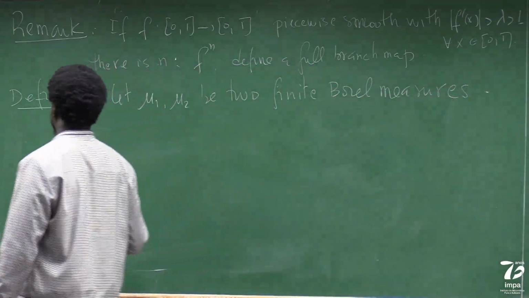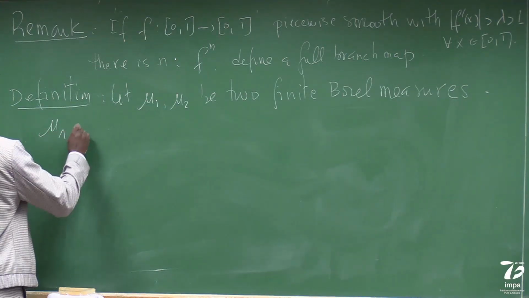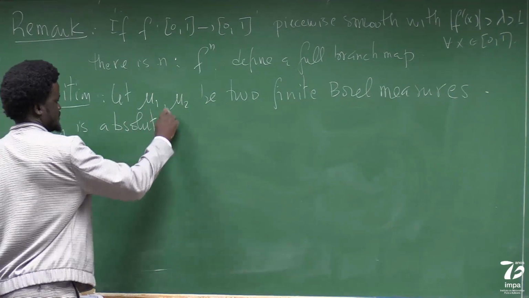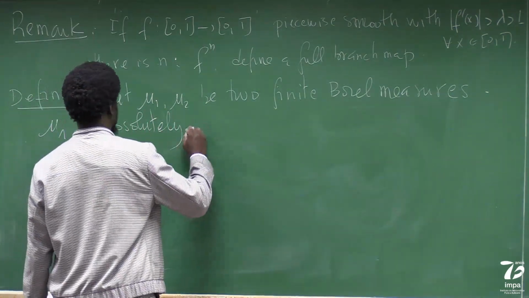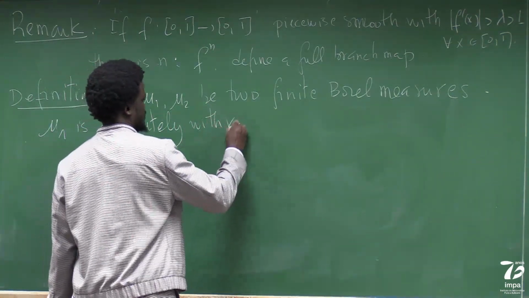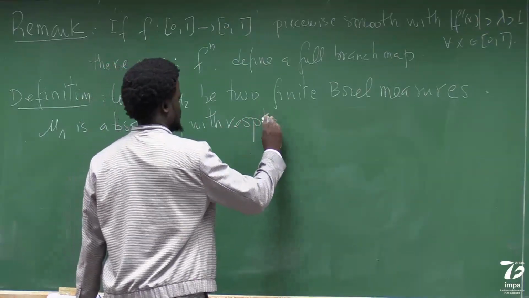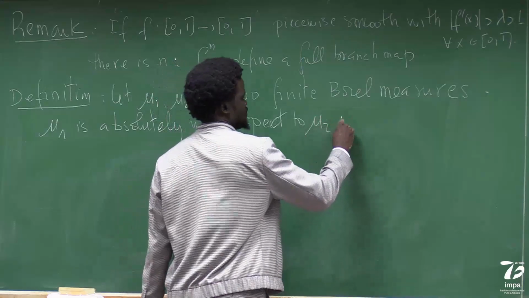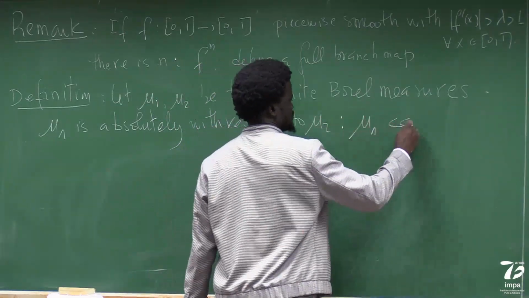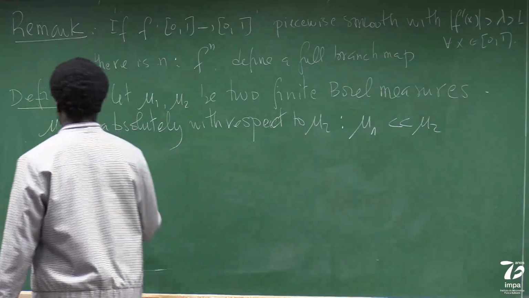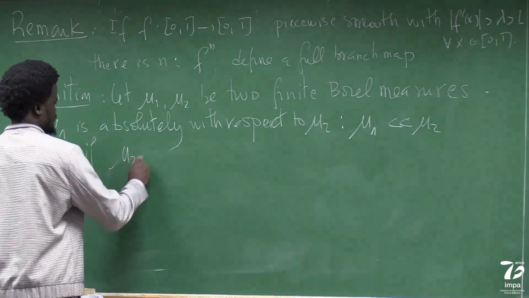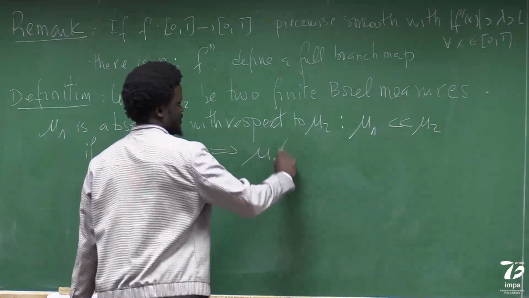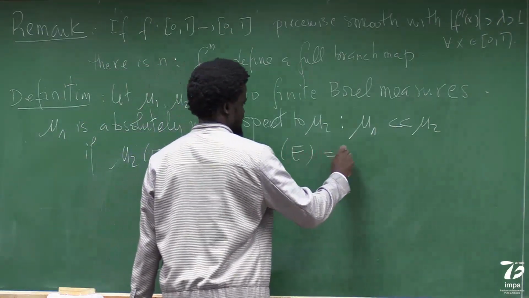We say that μ1 is absolutely continuous with respect to μ2, which we write μ1 ≪ μ2, if μ2(E) = 0 implies that μ1(E) = 0. You have probably seen this; I will just recall it.